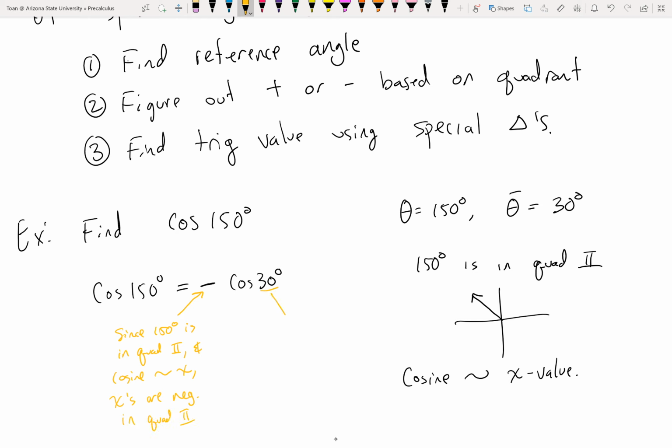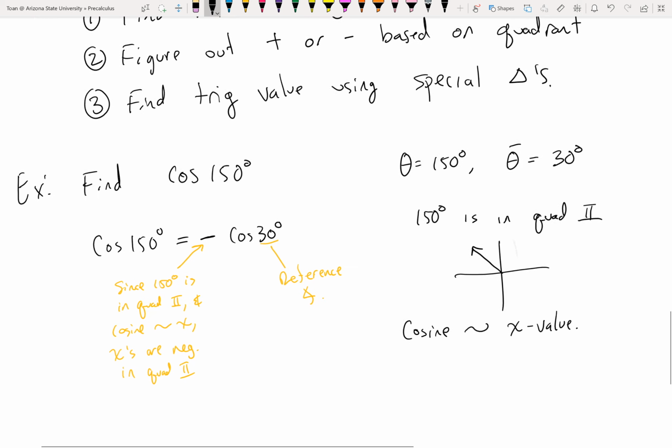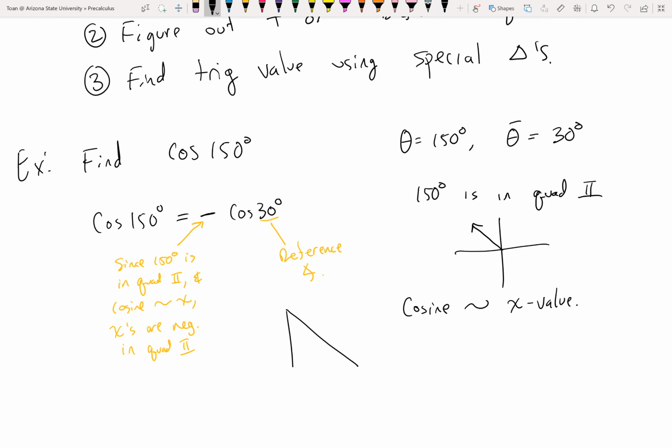And of course the 30 degrees is the reference angle. Now, since 30 degrees is part of the 30-60-90 special triangle, I just have to memorize the picture. What does the 30-60-90 triangle look like? I'm feeling too lazy, I don't want to scroll up. I should know that the 30-60-90 triangle looks like 1, 2, square root of 3. And from this picture, I should just be able to read, what is cosine of 30 degrees? What is adjacent over hypotenuse? Oh, that is radical 3 over 2.